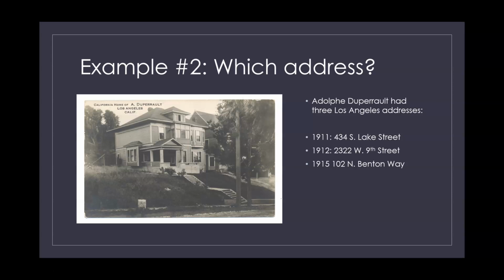Consulting Google Maps showed there was nothing at any of the addresses that remotely resembled this building today. So either our information is incorrect or the buildings have been demolished. So we'll check in Sanborn. But our object tells us that he was in a 2-story house.